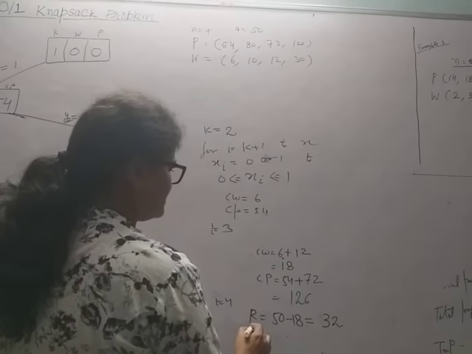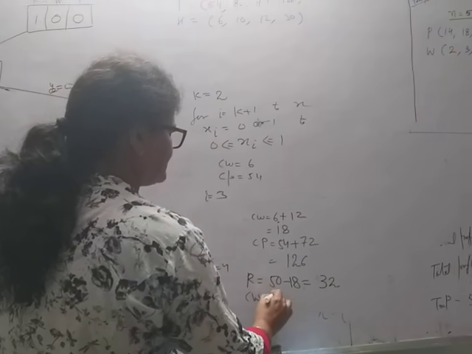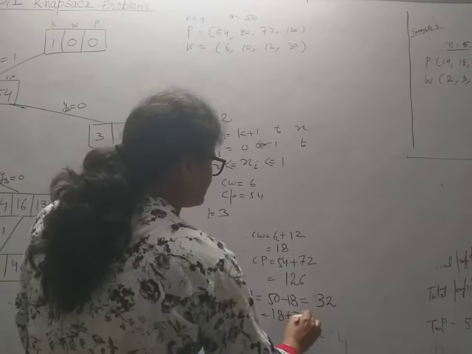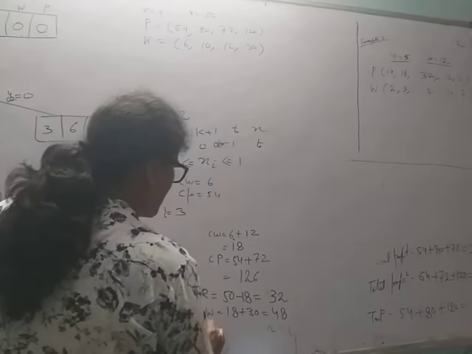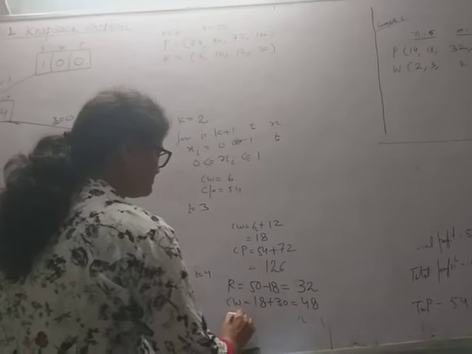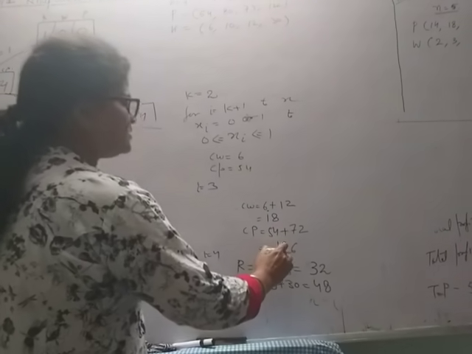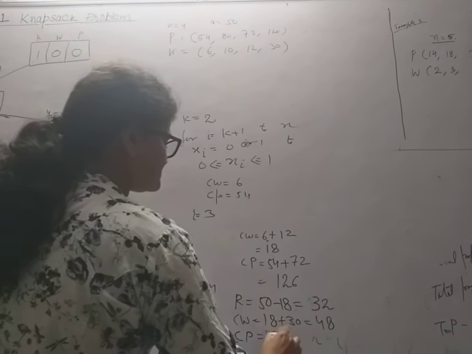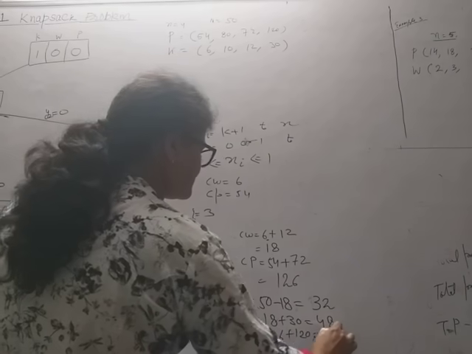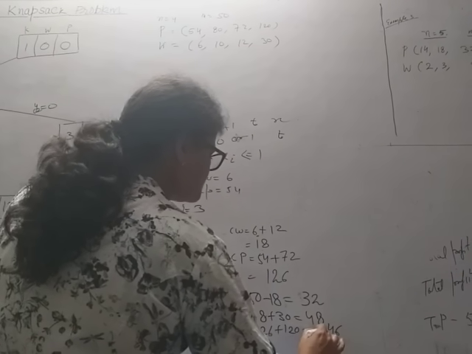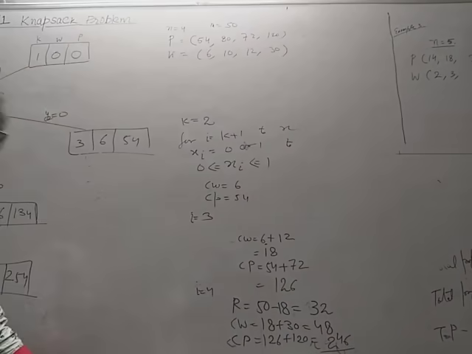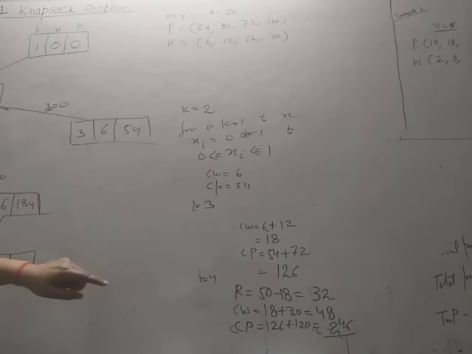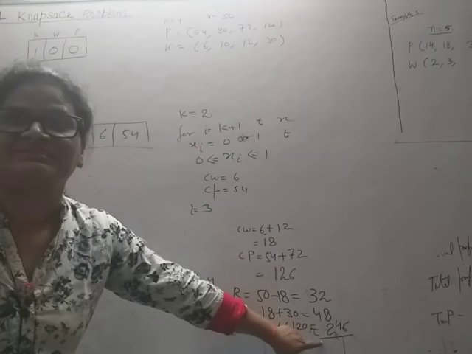So the current weight will be 48, and the current profit is 126 plus 120, that is 246.